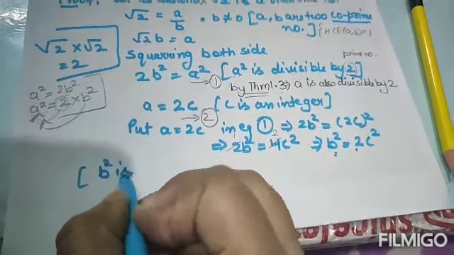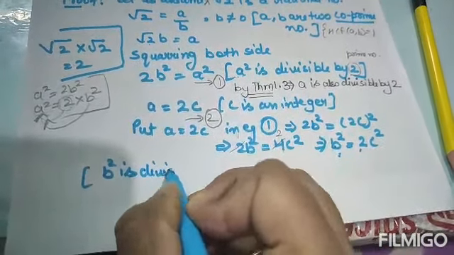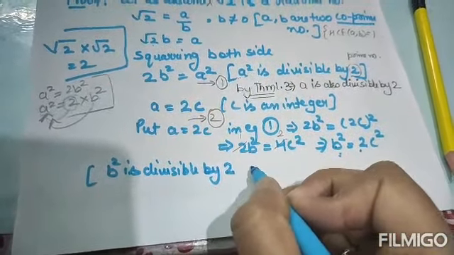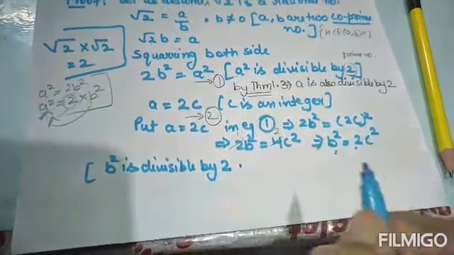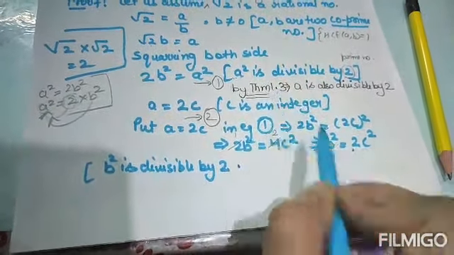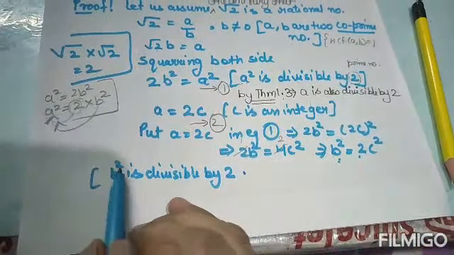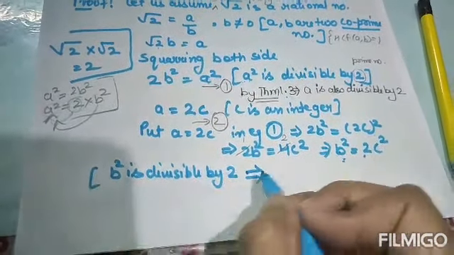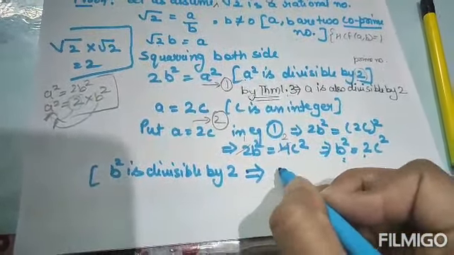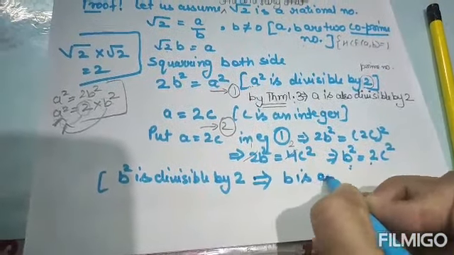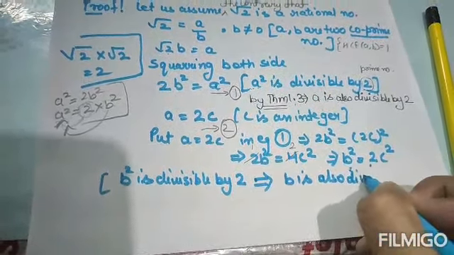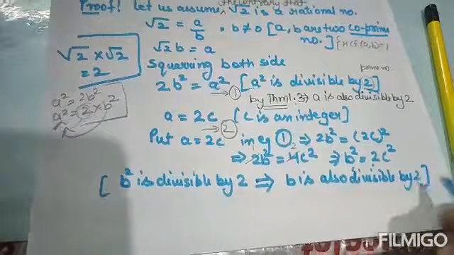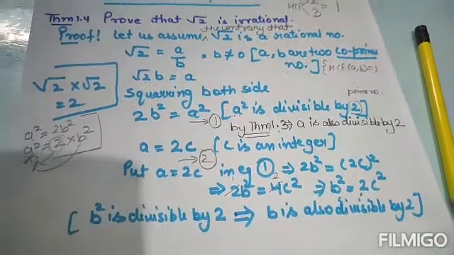B square is divisible by 2. And by theorem 1.3, that means 2 also divides B. This implies that B is also divisible by 2 by theorem 1.3.